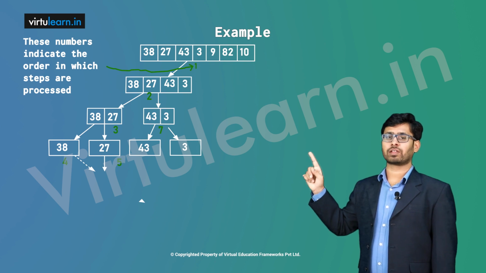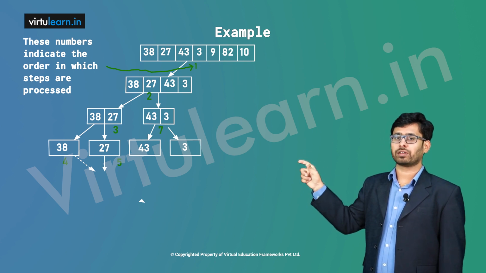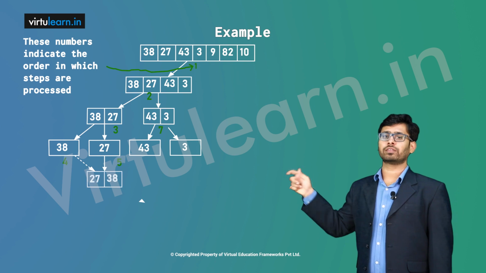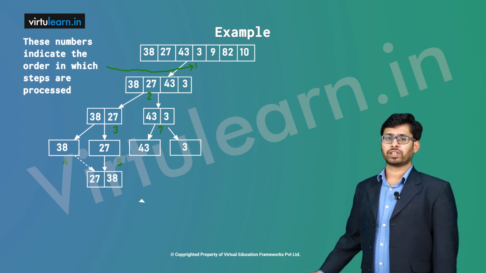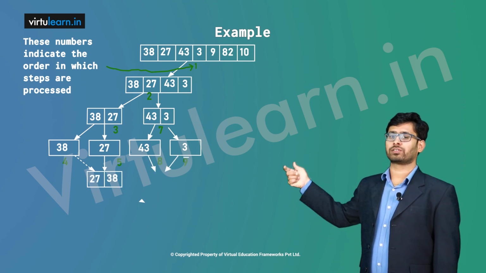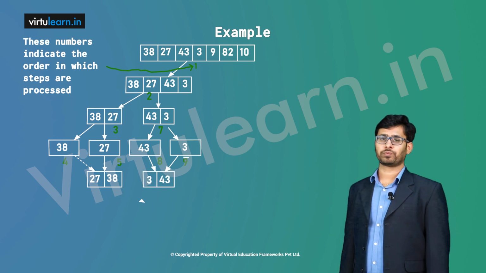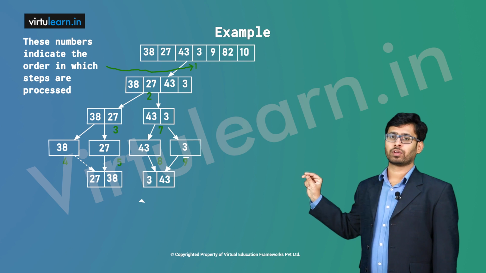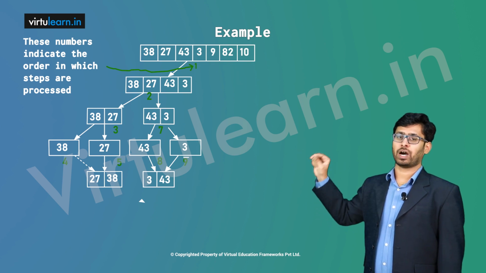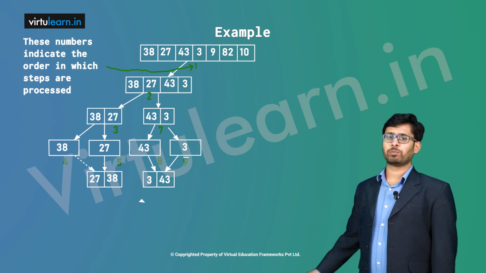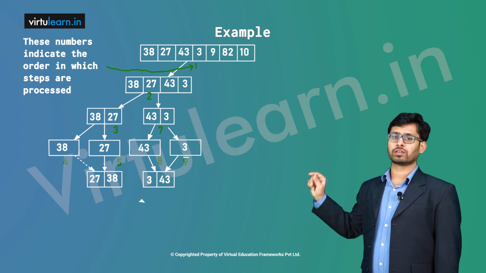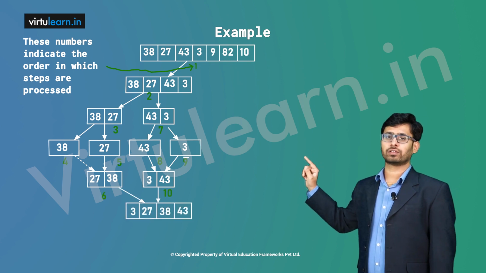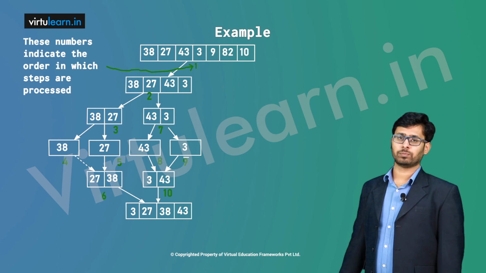So 27 is less than 38, so we prepare a subarray as 27 and 38. The next subarray of 43 and 3 is 3 and 43. Next let us perform the merge process of these two subarrays. Now we get the elements in sorted order as 3, 27, 38 and 43.